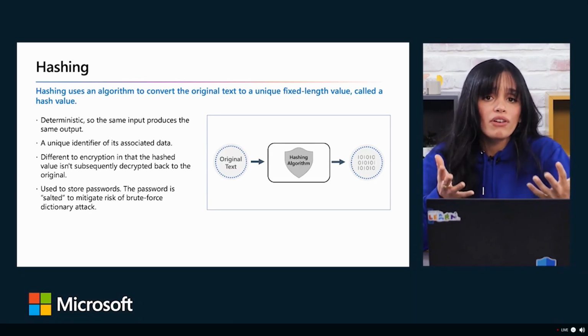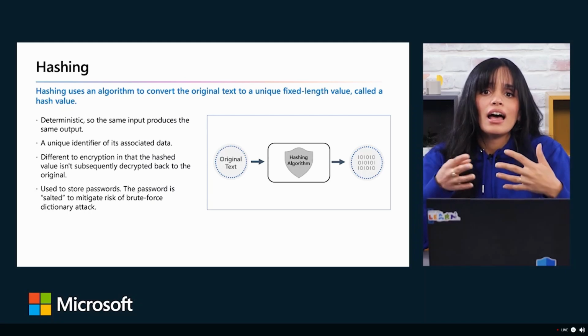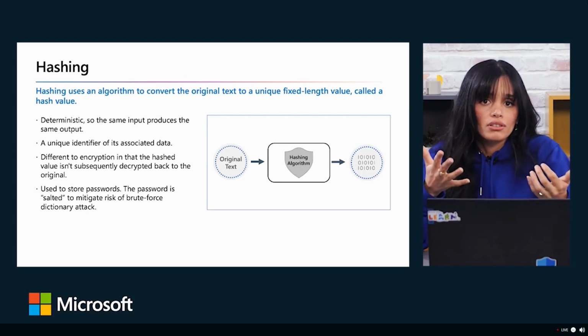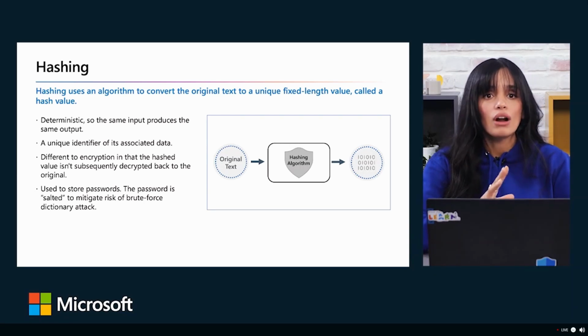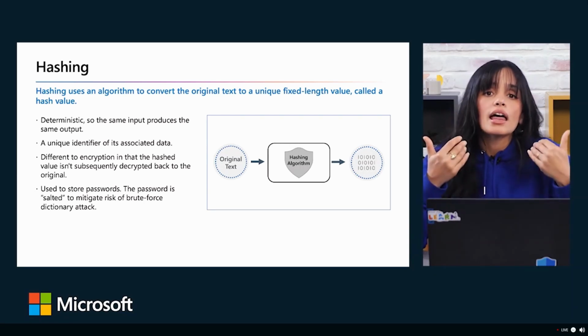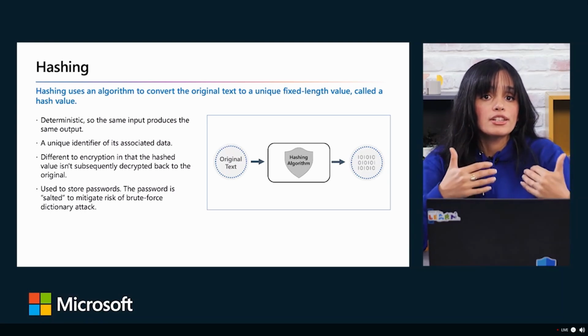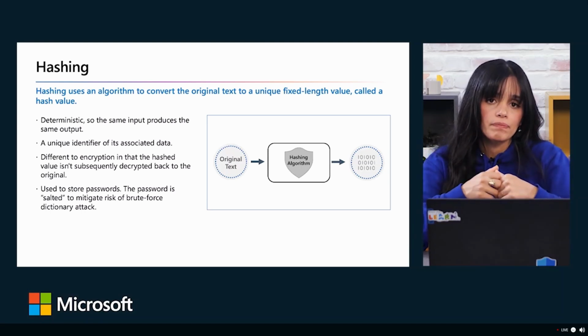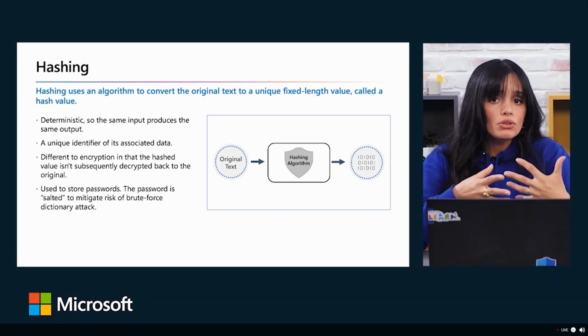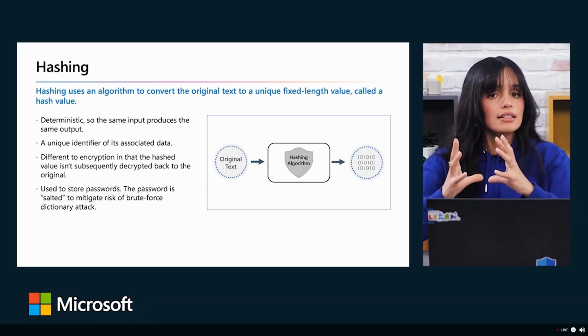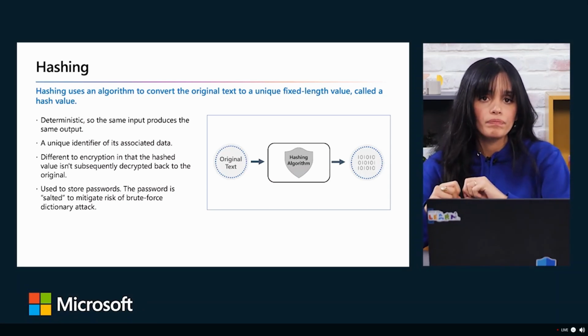For example, 512 bits is really strong. These are strong algorithms that you can use because they utilize that many bits to increase the security.